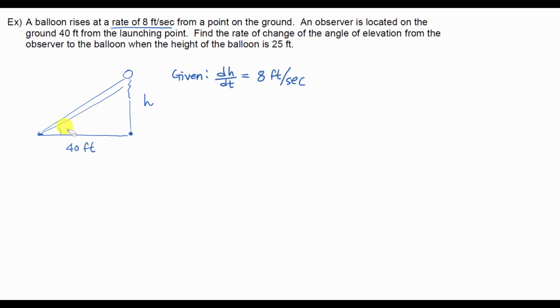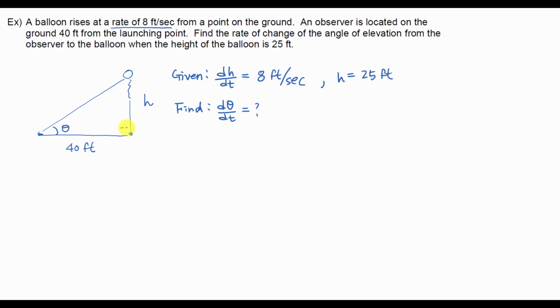So let's just make one triangle just so that it's easier for us to understand. And this will be the angle of elevation, and it is asking you to find d theta dt at the moment when the height of the balloon is equal to 25 feet.